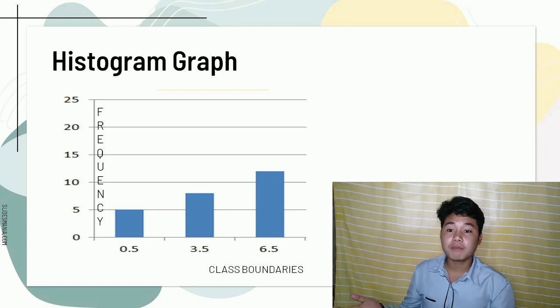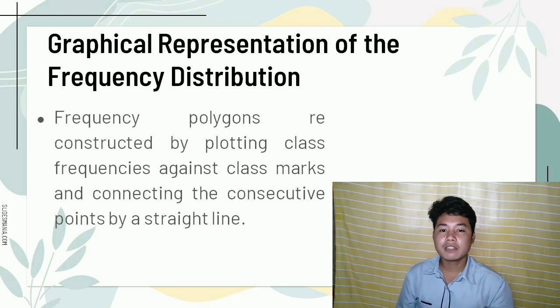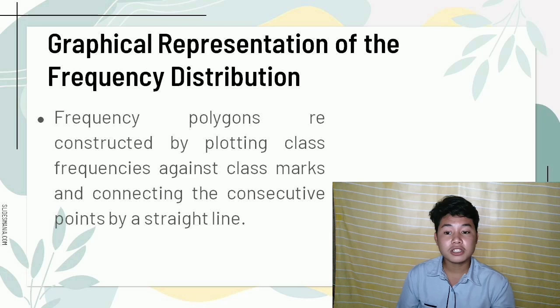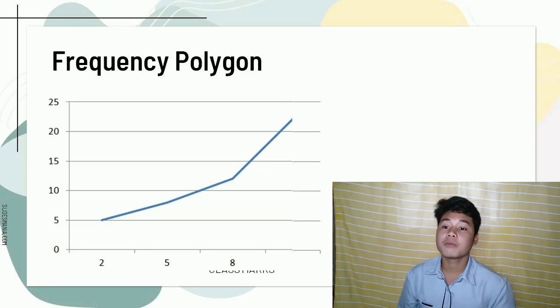So this is an example of a histogram graph. Next, the frequency polygon is constructed by plotting class frequencies against class marks and connecting the consecutive points by straight lines. So this is an example of our frequency polygon.